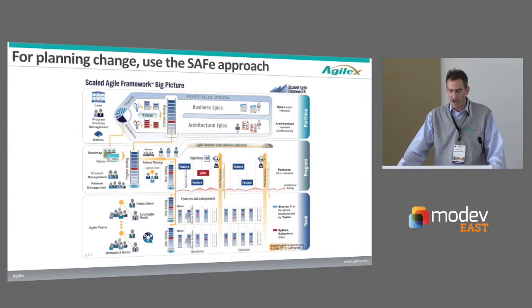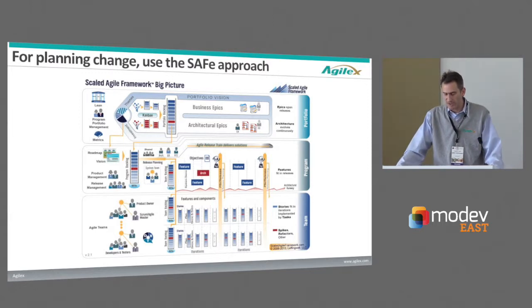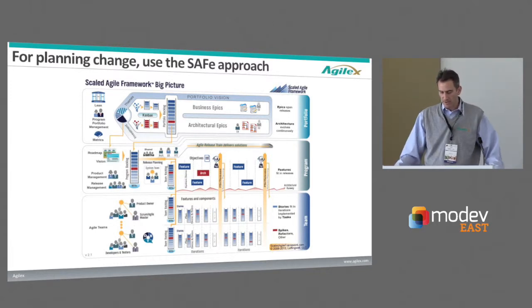And so up at the top, basically what comes out of this, and this is just me paraphrasing and touching on some of the areas, you develop architectural and business epics at a CIO level that helps them to define the investment that's going to be required. And those then get generated into programs.